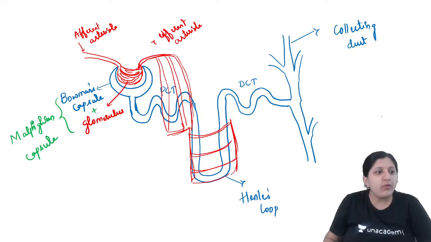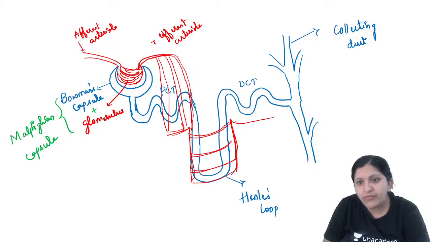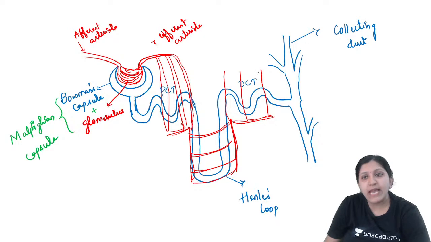Let me explain this one. This will be further dividing, where it is going to cover the DCT also. Why is this happening?